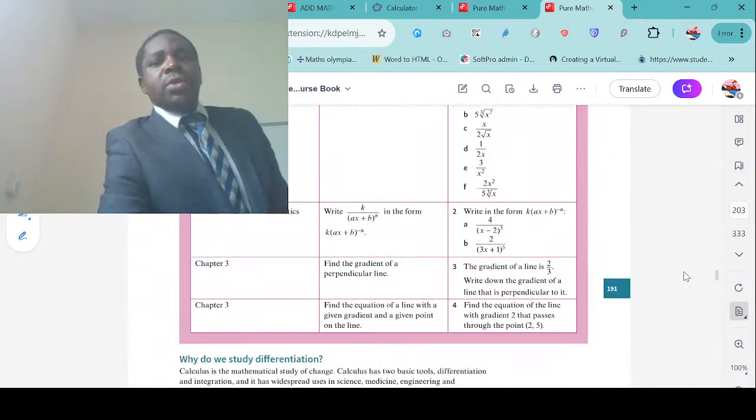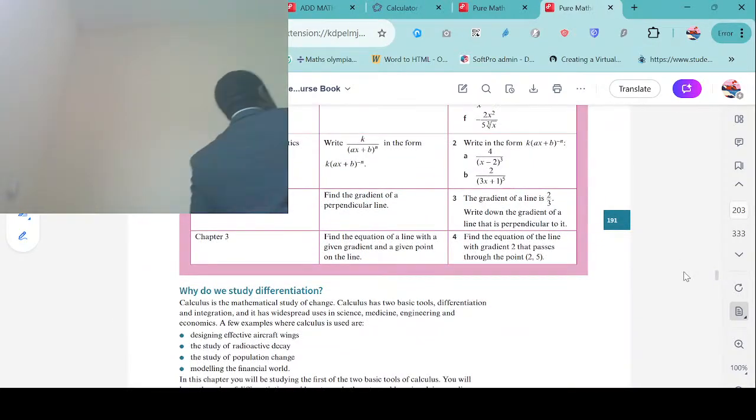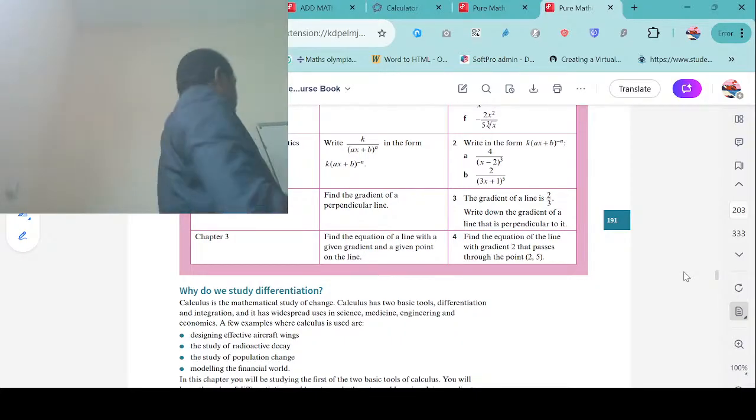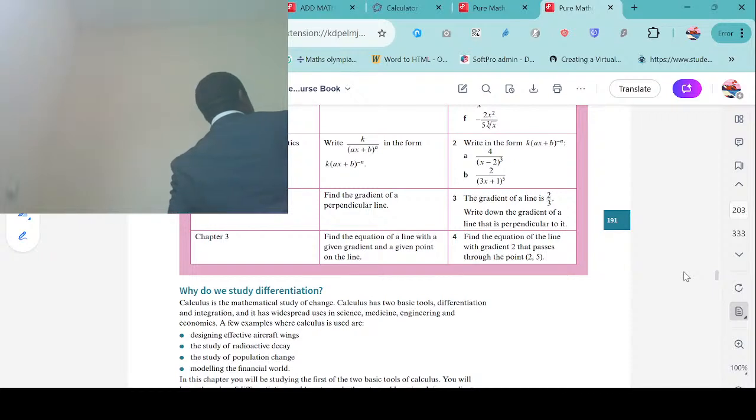So we're looking at the simple derivative of the function, differentiation. Let's start with the graph of the function. Let's say the graph of the function is x squared. Usually the graph of x squared looks like this.